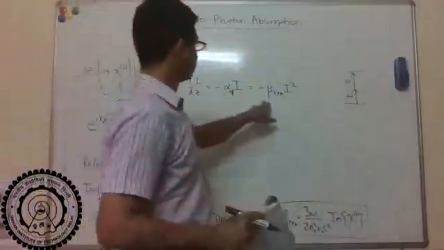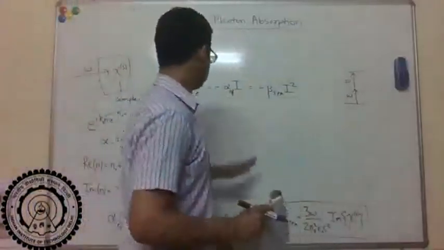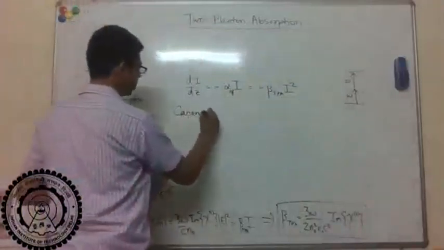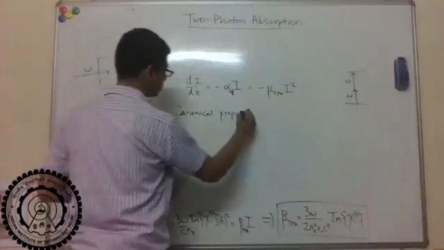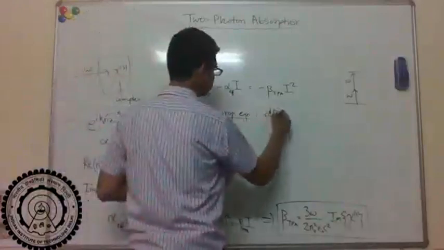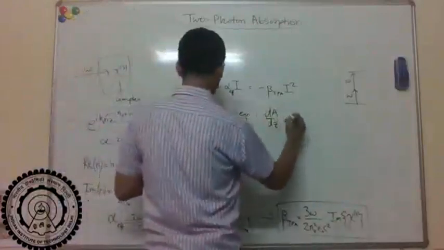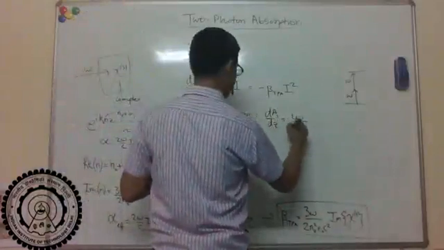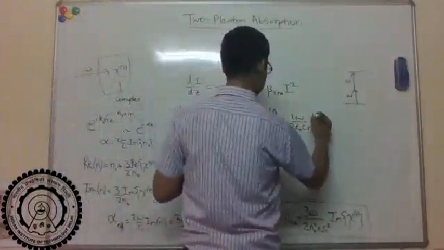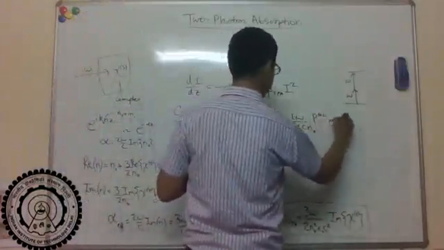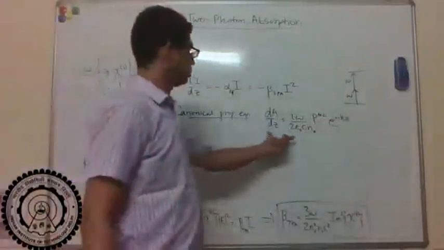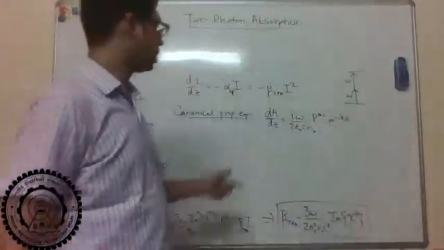Okay. So we can also get this equation starting from, let's say, the usual canonical propagation equation, right? So we have this propagation equation for the amplitude, the usual canonical propagation equation for nonlinear optics.